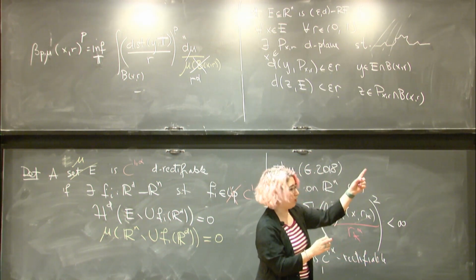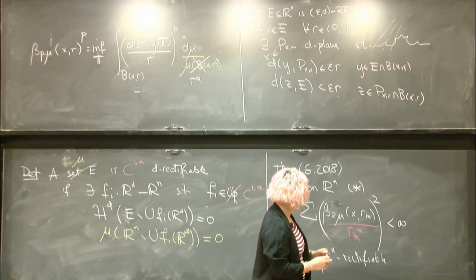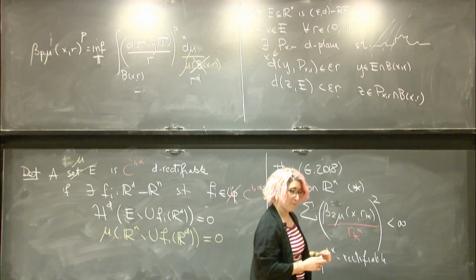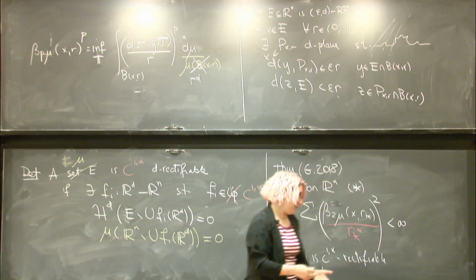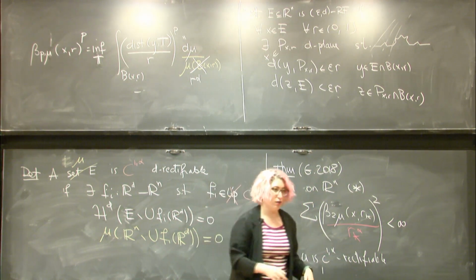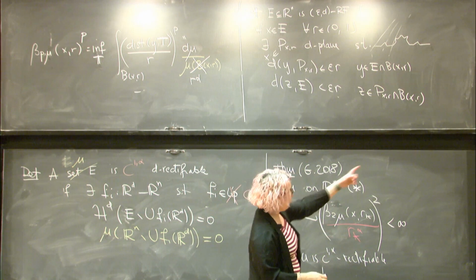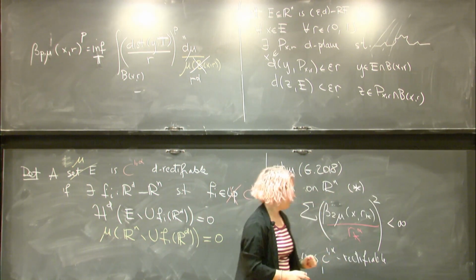Otherwise, if you didn't know you were rectifiable, you would have to work a little harder to deal with all the holes. Using that theorem in the proof is crucial to make life way easier.